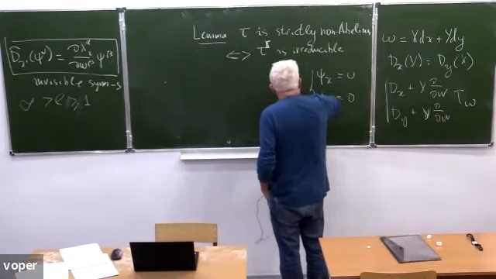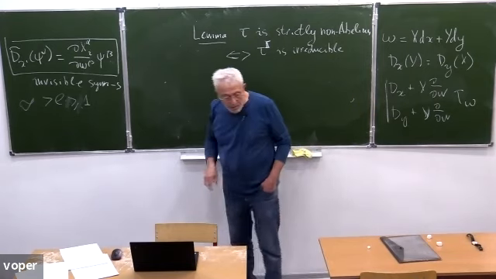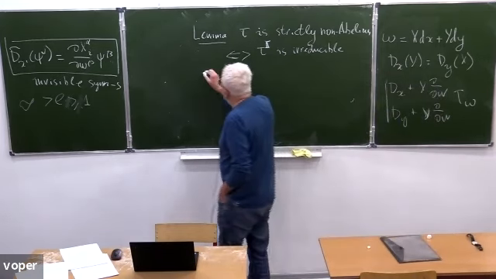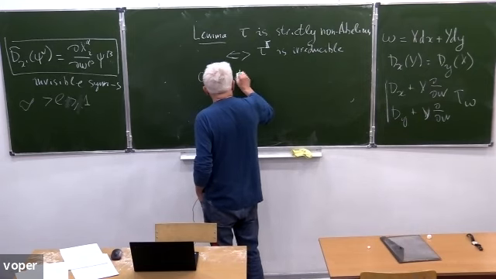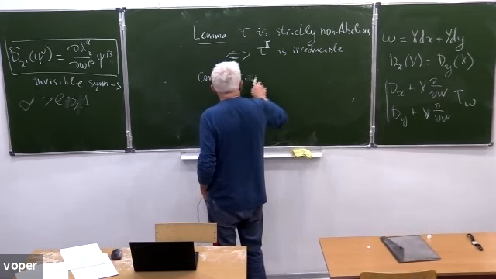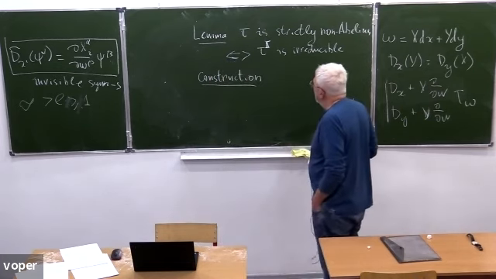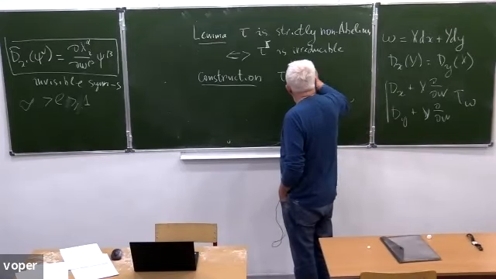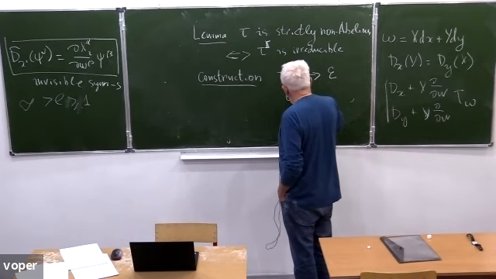And the construction is as follows. Let tau be a linear covering.